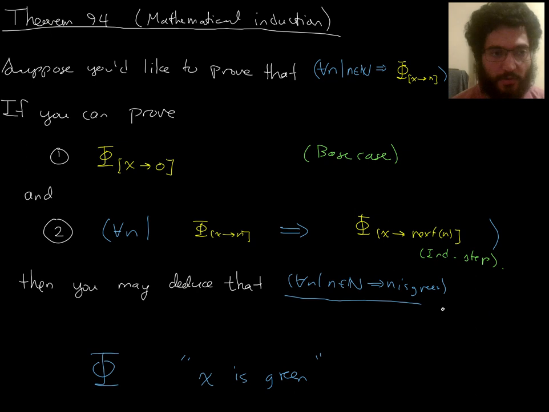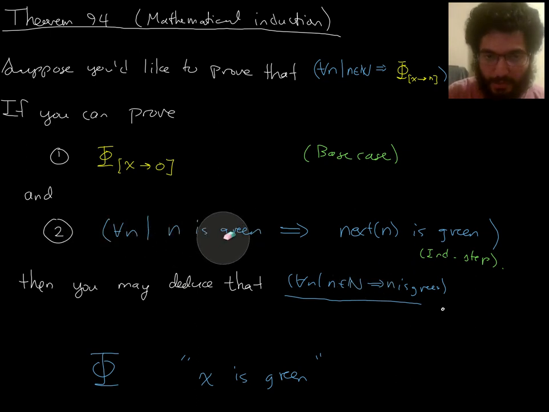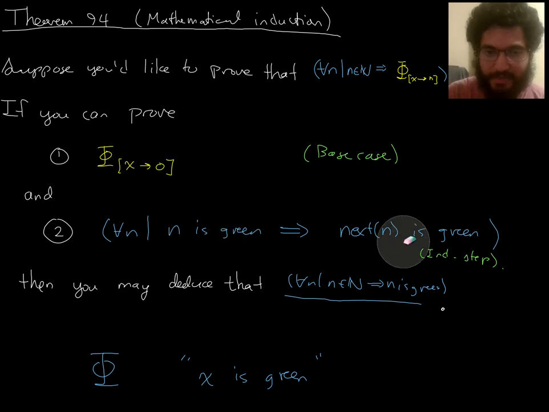And this is supposed to be for all natural numbers n, not for all n. That was actually a mistake to exclude that. So even originally, before I made the changes here, this is actually not correct. It should say for all n, if n is a natural number and n is green, then next n is green.